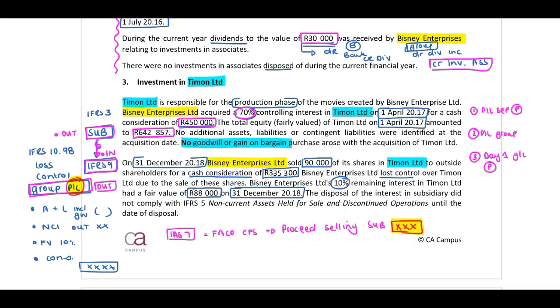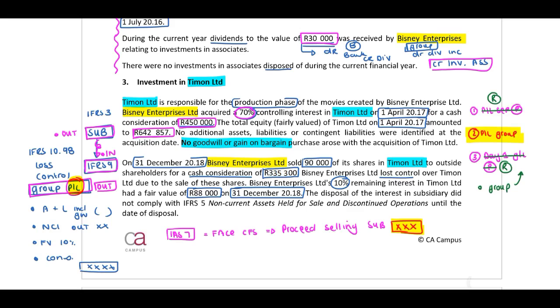When we prepare our group statements, we reverse, we take out the profit or loss in terms of the separate records. We take out the day one gain or loss in terms of the separate records. Therefore, in terms of our group records, they have already performed the above. And we only have to focus on calculating the group profit or loss.